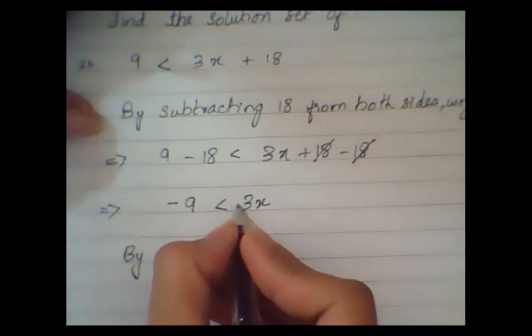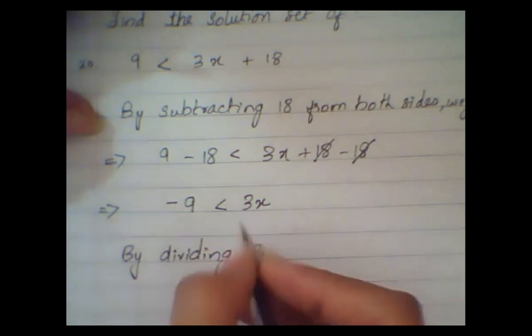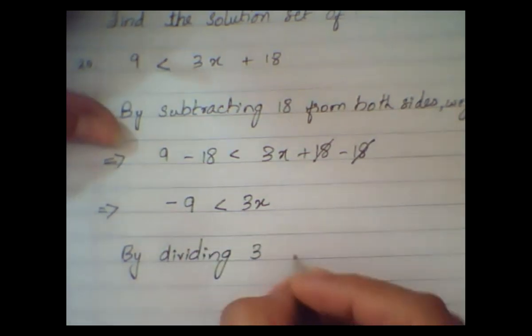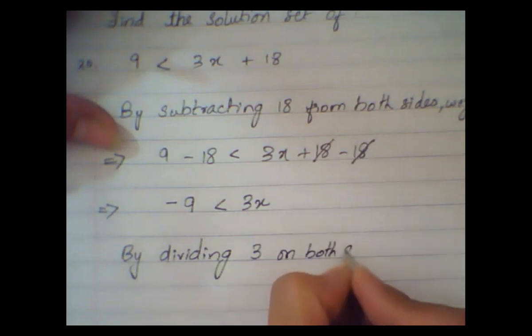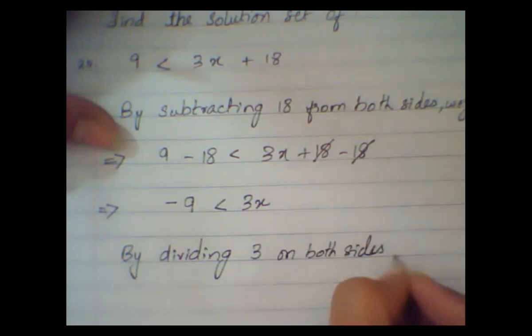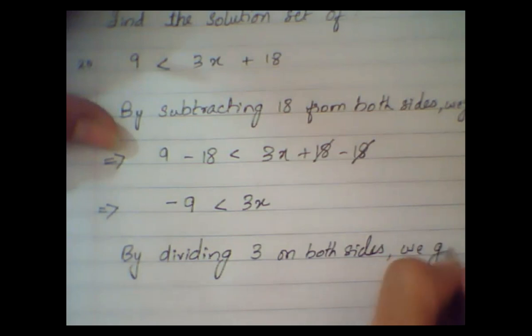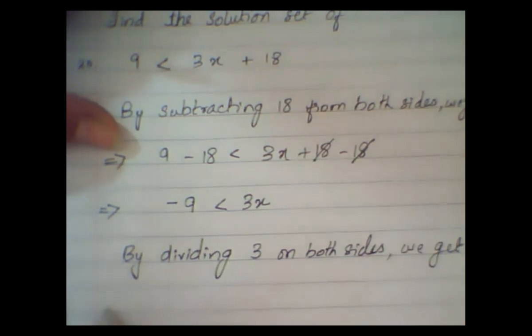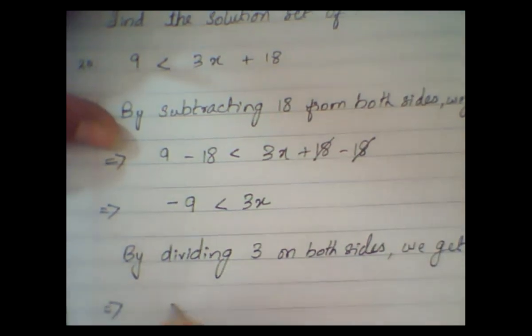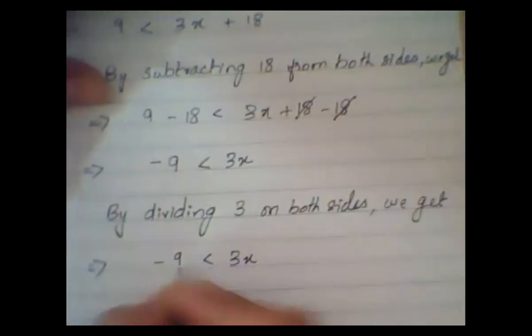If there is a negative sign with 3x, then we will write by dividing minus 3 on both sides. Okay, on both sides we get what we get here, right?